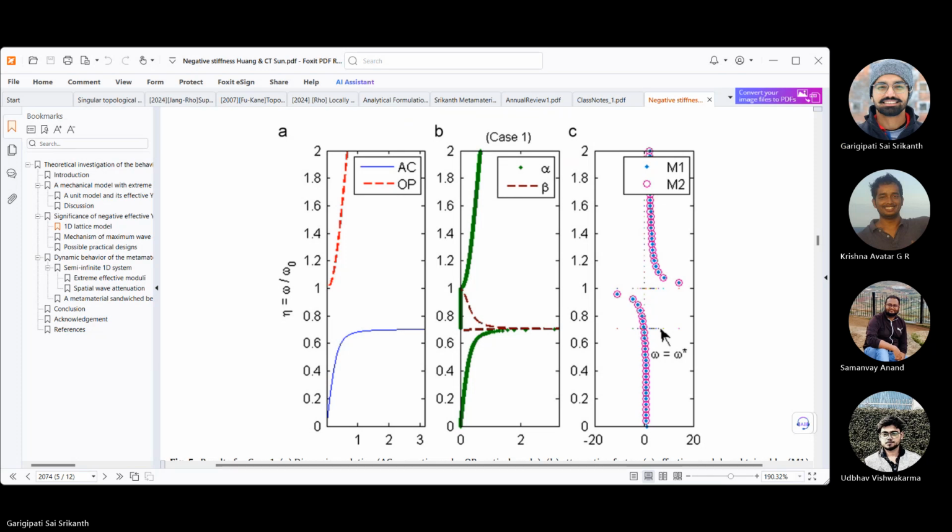Whereas you see that when effective stiffness is going to 0 here, then we see that attenuation goes to infinity. So this is a different relationship. Since we have started covering this, let's just go to effective mass as well.